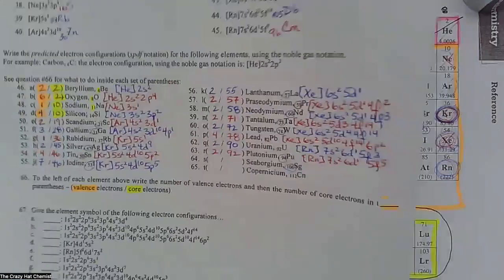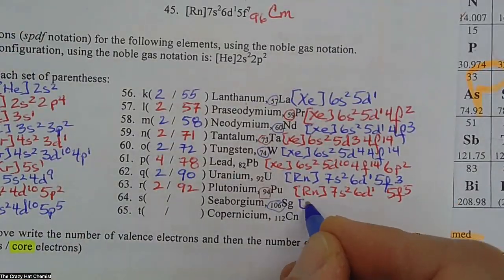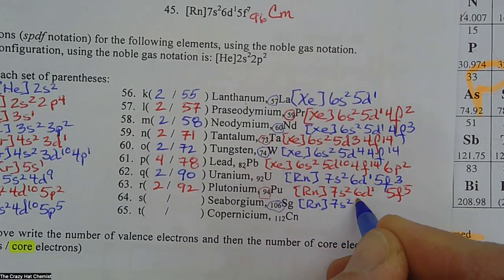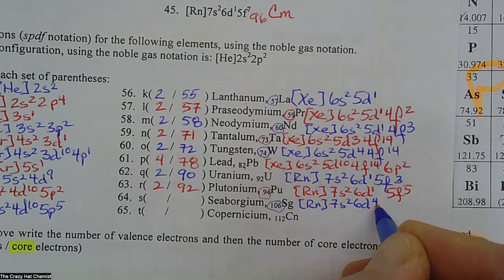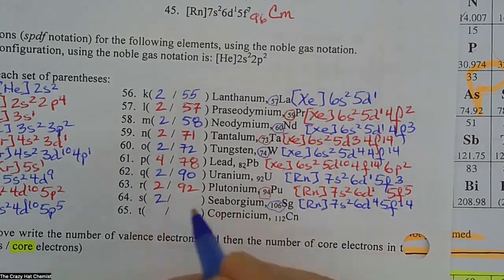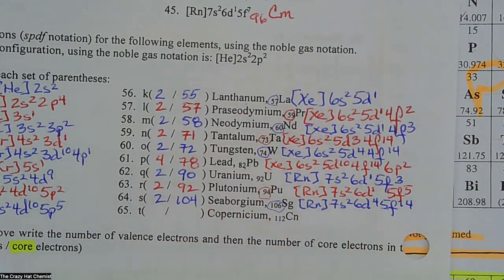So radon, 7s2, 6d4, and 5f14. It has 2 valence electrons because it's in the boot, so that would be 104 core electrons for seaborgium.